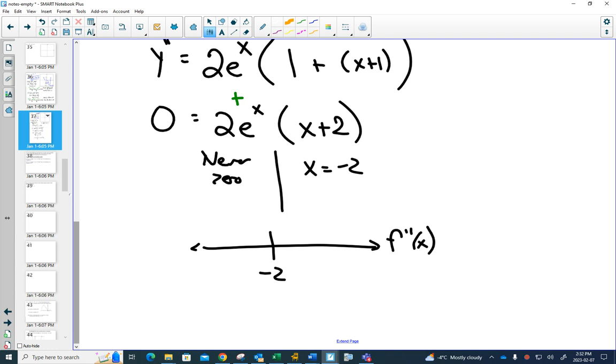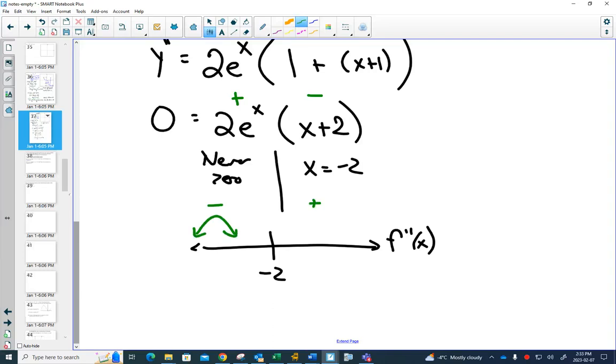I noticed I did this before too. I switched notation on my number line. I always was using f prime on the number line. Kind of feeling like I'm okay with it. I'm going to go back this way. Negative 2. If I plug in something less than negative 2 into this, it will be negative. Concave down.